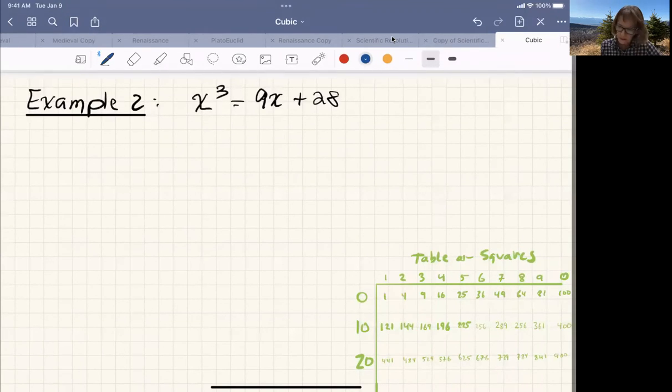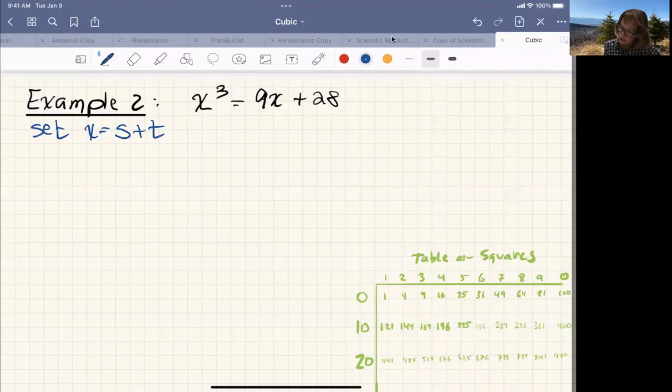So the first thing that we need to do is we want to set x equal to s plus t. We're going to substitute that into our equation. And then we know that when we substitute it into this side, we're going to want to have that s plus t factored out.